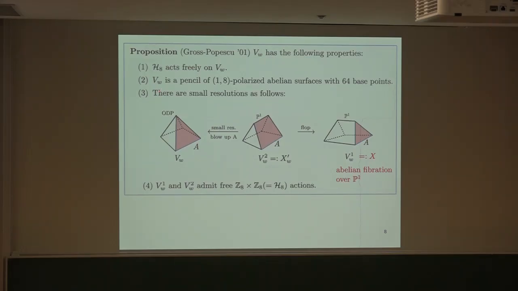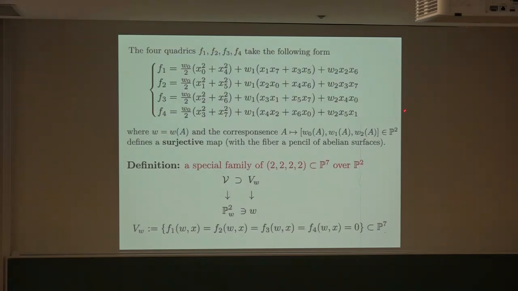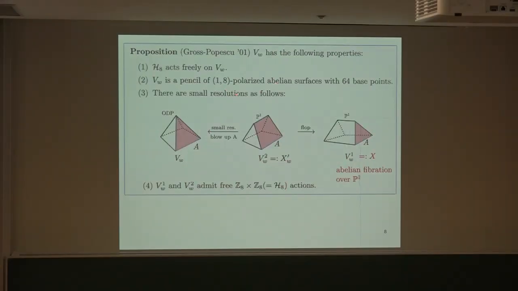Second, the omega is the tensor of the polarized abelian surfaces. As I said, from this picture we have a 3-dimensional space and the fiber is 1-dimensional. This dimension is sitting here. That's the tensor of abelian surfaces.